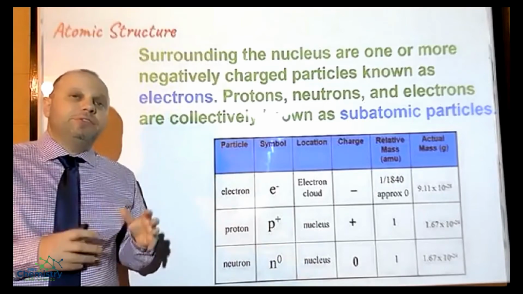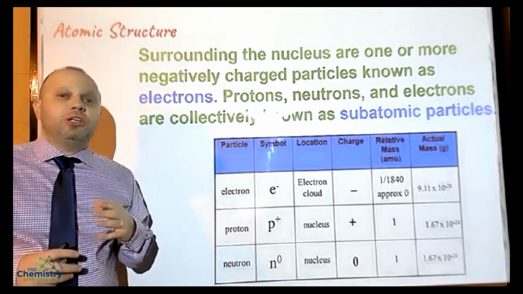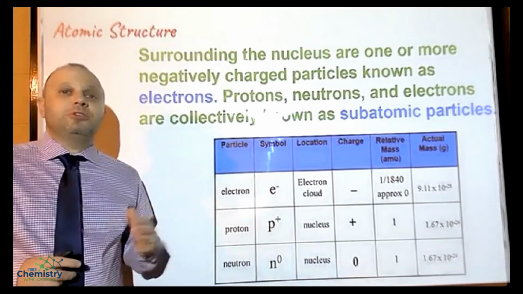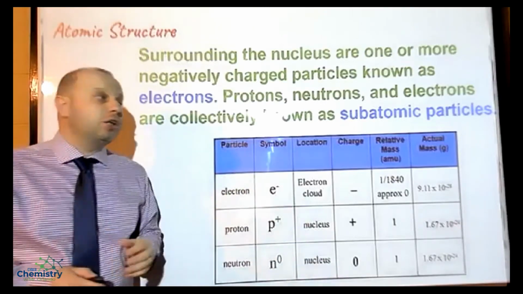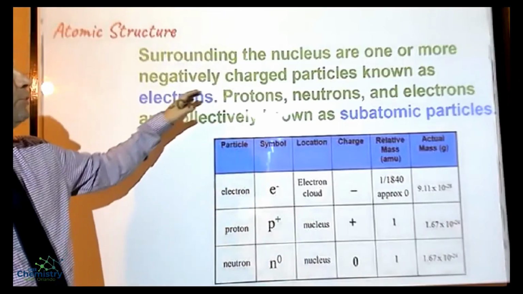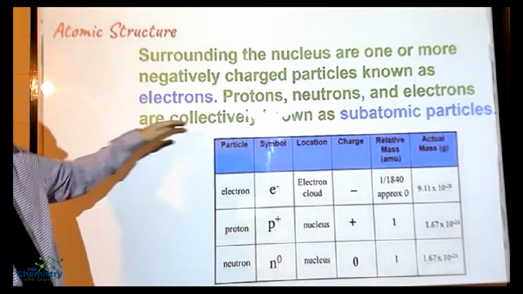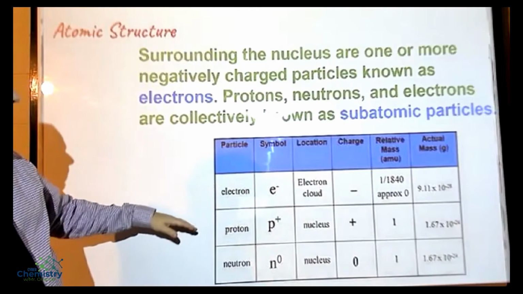Then Schrodinger took it a little further, Heisenberg took it further, and we came up with our eventual final model, the electron cloud model. Protons, neutrons, and electrons are collectively known as the subatomic particles.